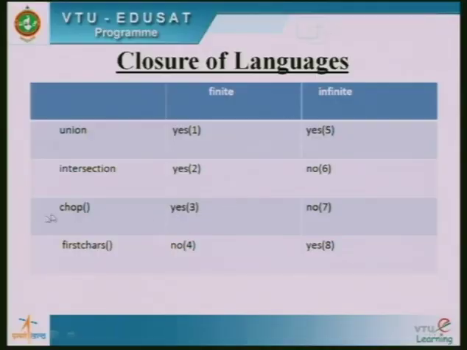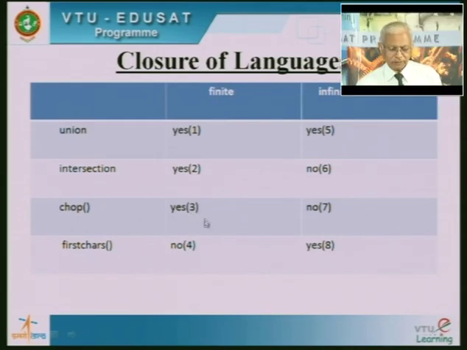Similarly, if you take chop, as you know, it chops the center character. If the language is finite, then the result will also be finite. Then if you take the first characters, it will not necessarily be finite. So, you have to understand that the union of two infinite languages will definitely be infinite.